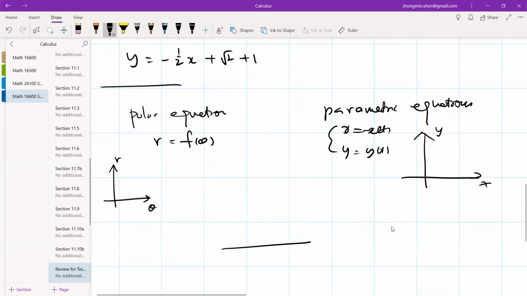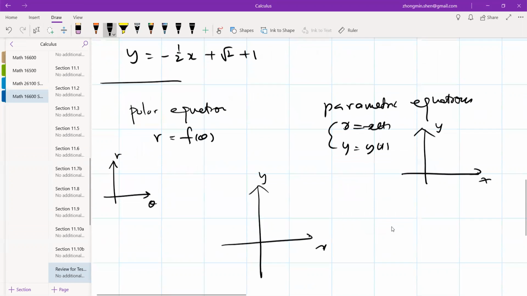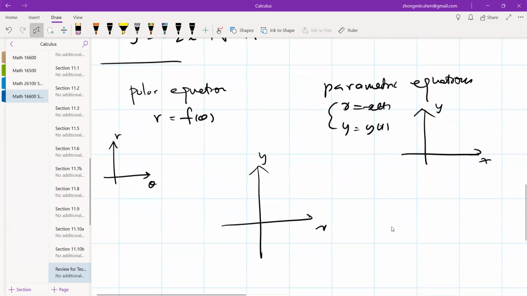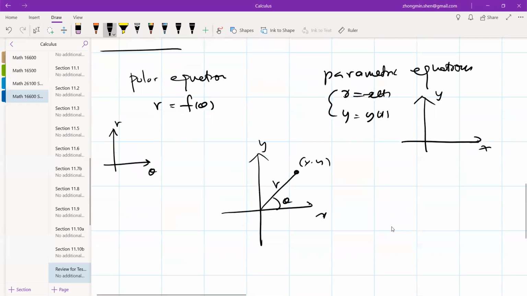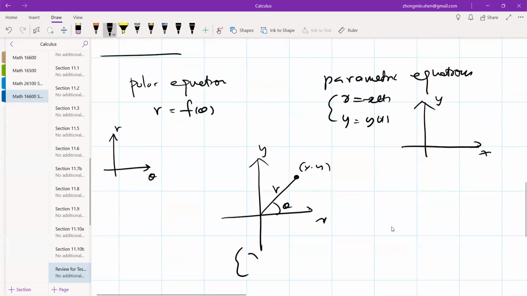We still draw the graph in the xy coordinate system, but x is going to be r cosine theta, y equals r sine theta. So this is a point x and y, and that's theta, that's r. So here's r cosine theta.